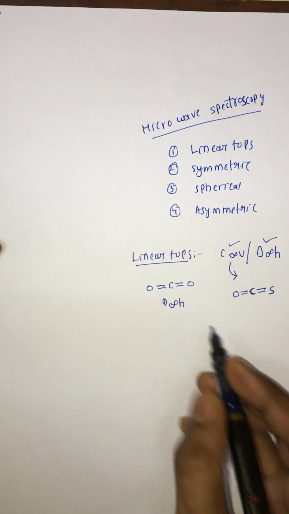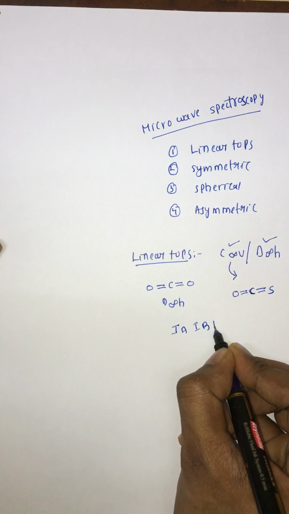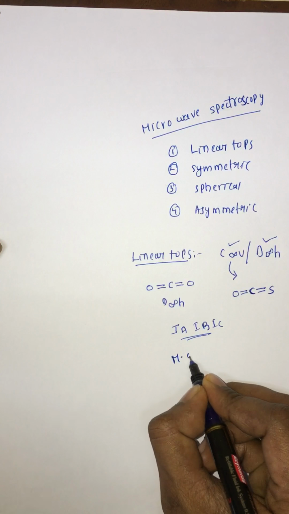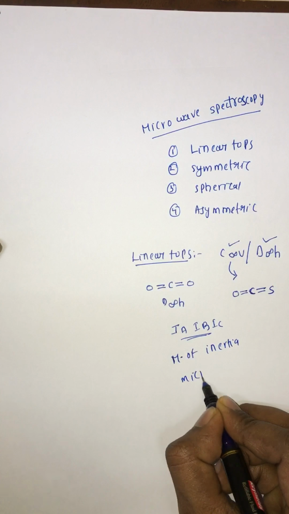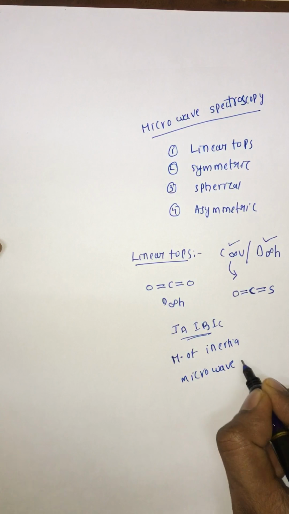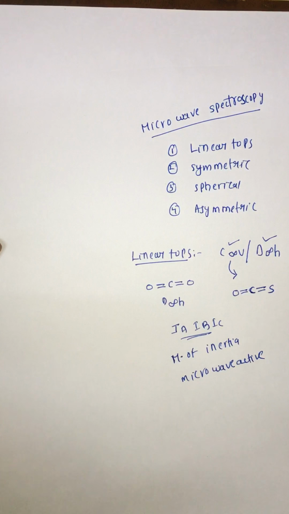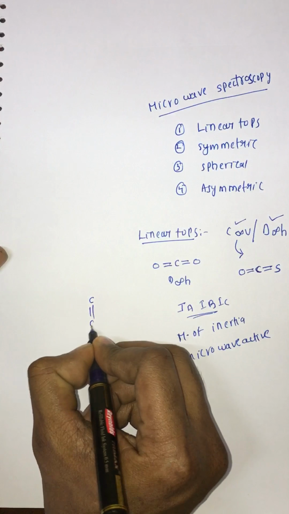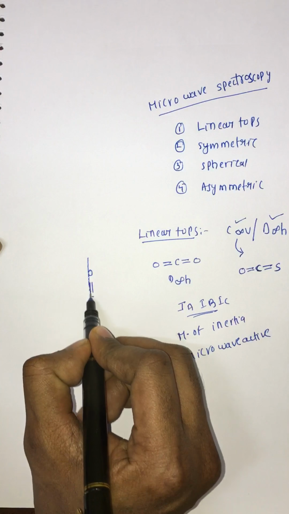Here the main thing we have to identify is the relationship between IA, IB and IC, how many moments of inertia are possible, and how many microwave active moments of inertia are possible. So take a molecule, carbon dioxide, and here we'll draw three axes.